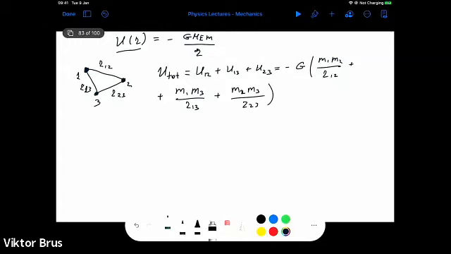Okay, so this is the way how you can calculate total potential energy of a system of bodies which interact via gravitational field.